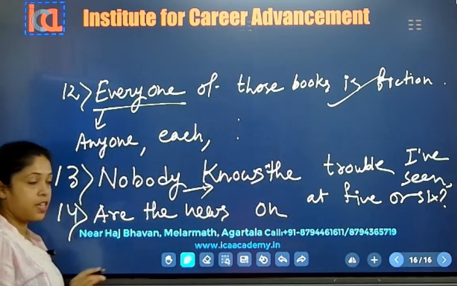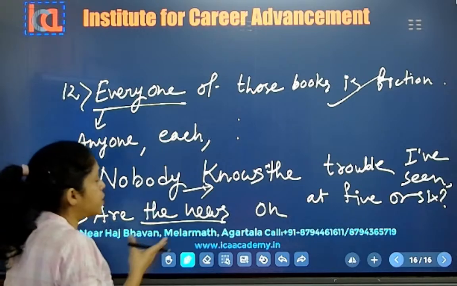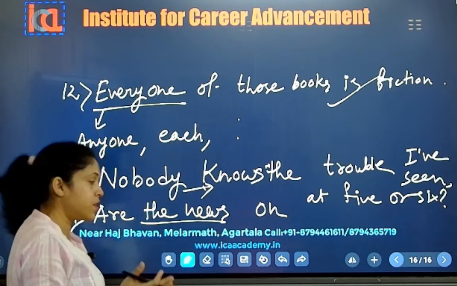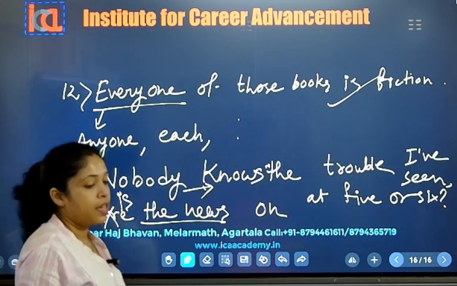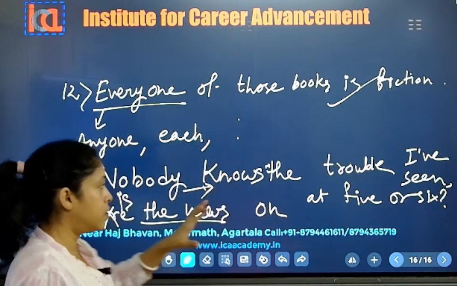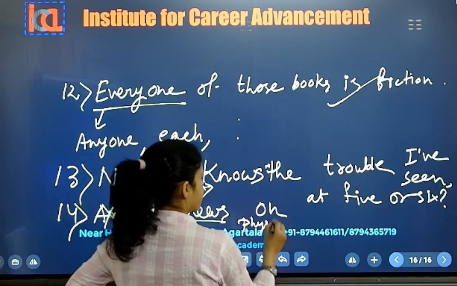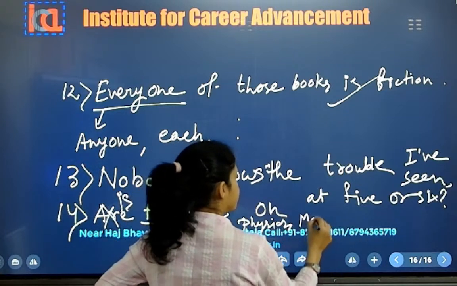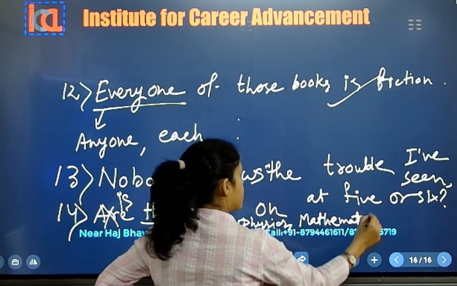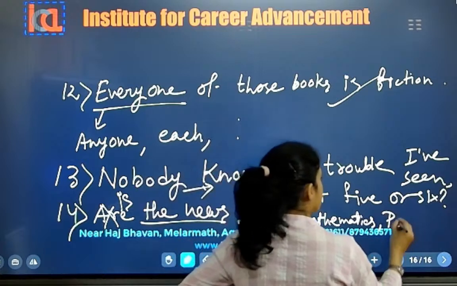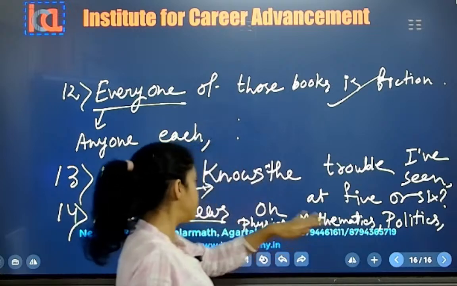Here the subject is news. News is a singular word. Although it is expressed with an S, news is a singular word, so here it will be "is." In the same way, some subjects are also there: physics, mathematics, politics.